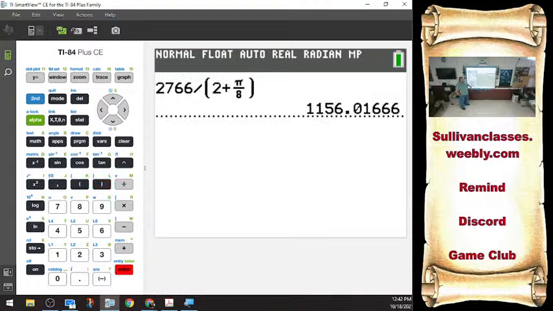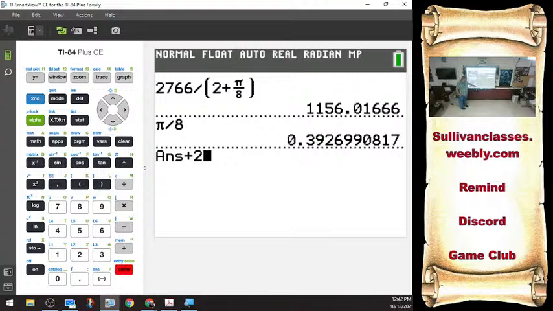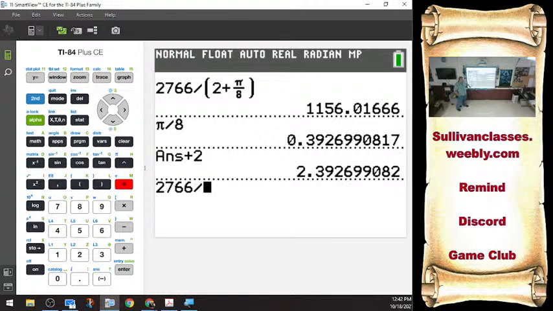Okay. So let's say I don't have a fancy calculator, or I don't know how to run one, but I know where the answer button is. I can take pi divided by 8, get a number, plus 2, get a number. I now have the answer. I want to take 2766 and divide it by that answer.